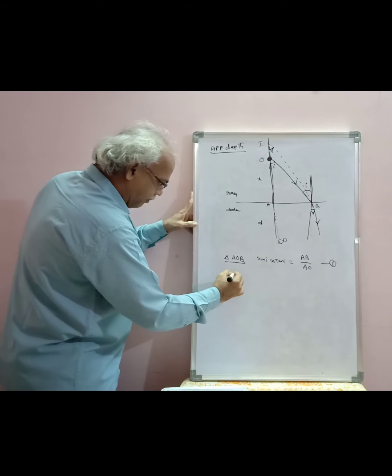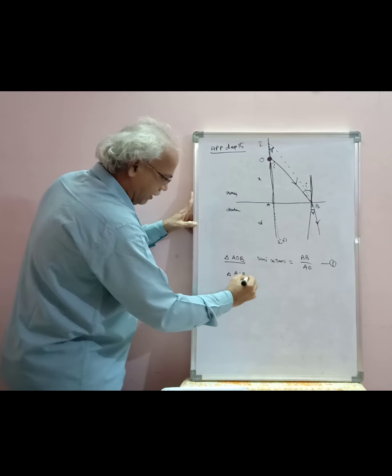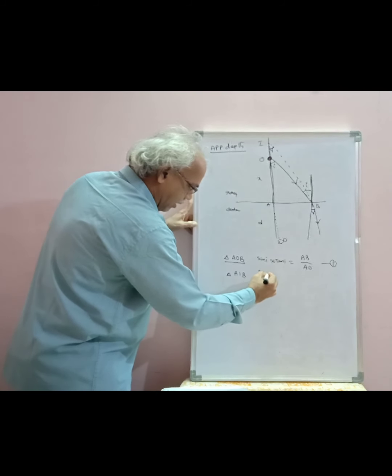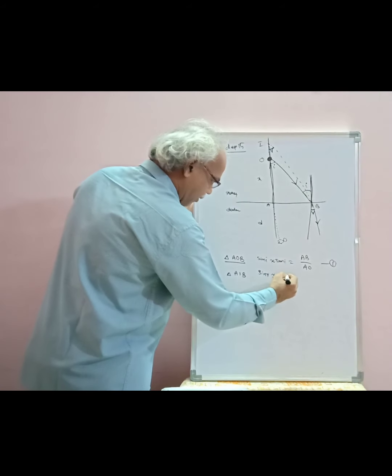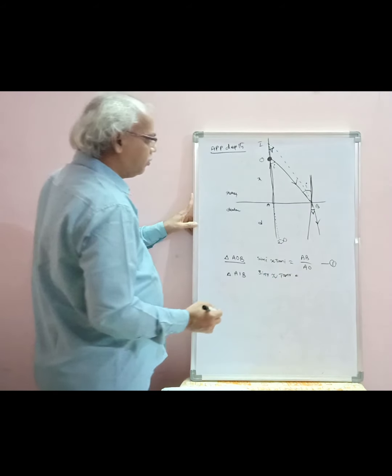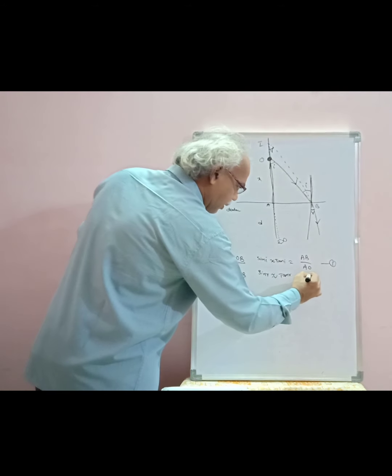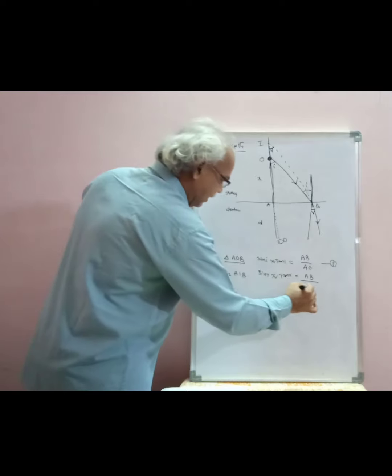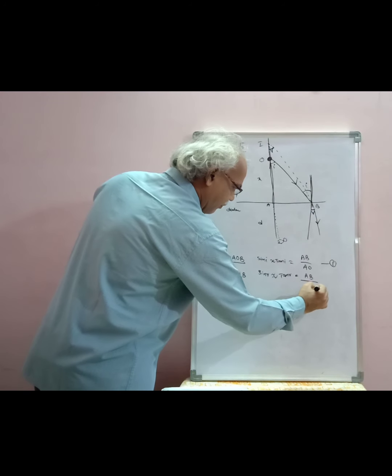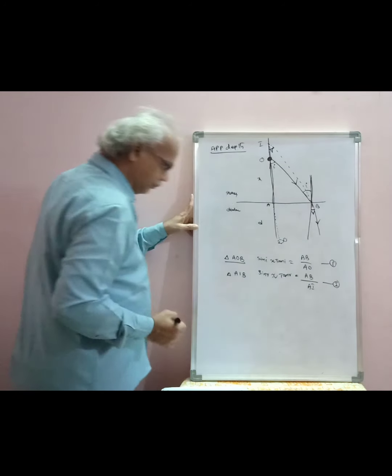From triangle AIB, sin r is equivalent to tan r, that is equal to AB opposite side by adjacent side AI. It is 2.